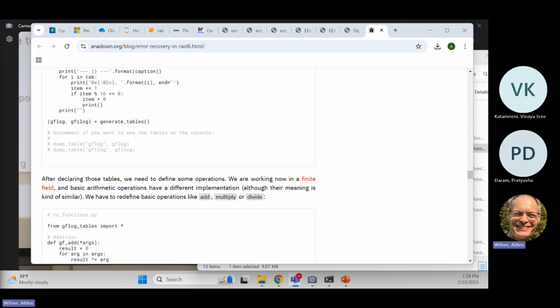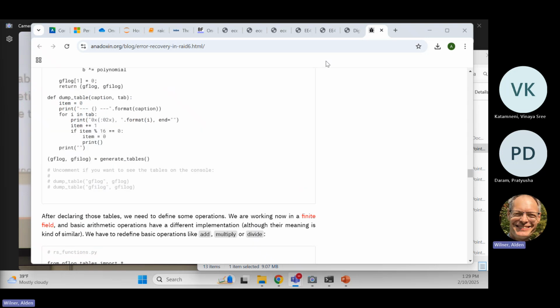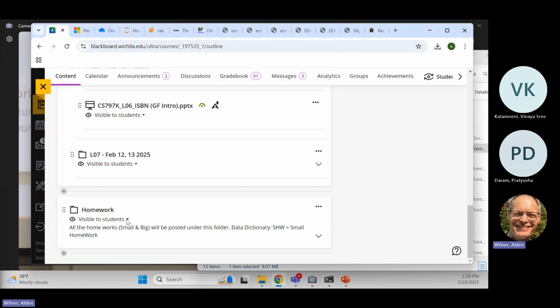Go find a primitive polynomial and see if you can start calculating that log, anti-log table, and then try to do a mathematical formula on it. So I would stick with the smaller ones, 16 or less for now. And we'll do a homework about that later on. But for now, just kind of mess around with it as you find time around the homework that I've already assigned. All right.